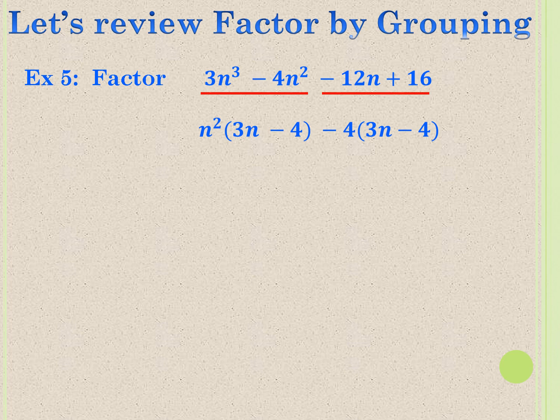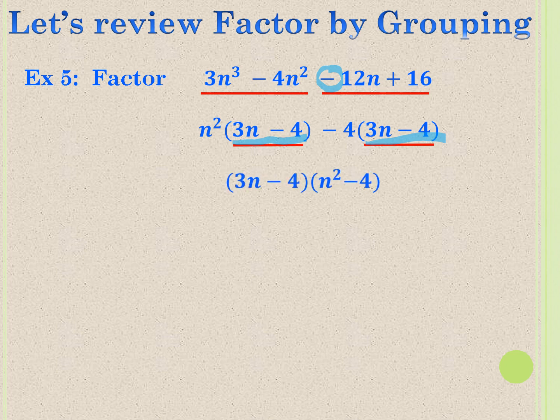On the right pair, the GCF is 4, but because I have this minus here, I'm going to pull out a -4. So that's going to switch it to be 3n minus 4. Now, here's my common factor. So I pull that out, and I'm left with n squared minus 4.